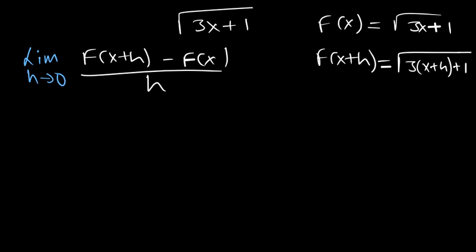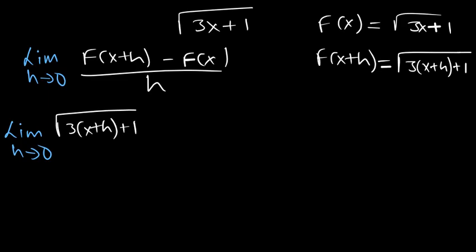So we're going to have the limit as h approaches 0, and for f of x plus h we have the root of 3x plus h plus 1, minus the root of 3x plus 1, divided by h.